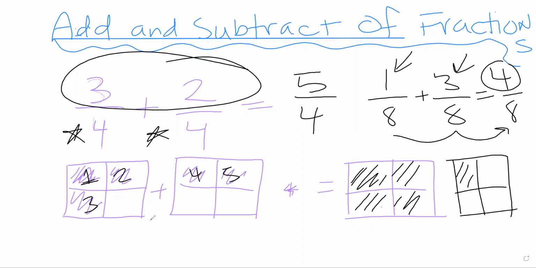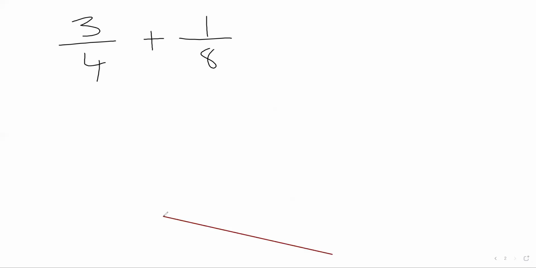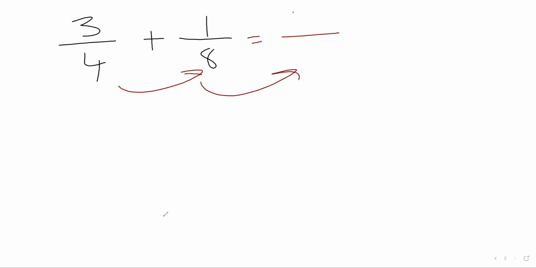Now what is starting to happen that we'll notice is that we might start to get something where our denominators are no longer the same. And we've learned that in the past, if my denominator is the same, I just slide it over and then I add my numerators, but these aren't the same, so I can't just slide them over.